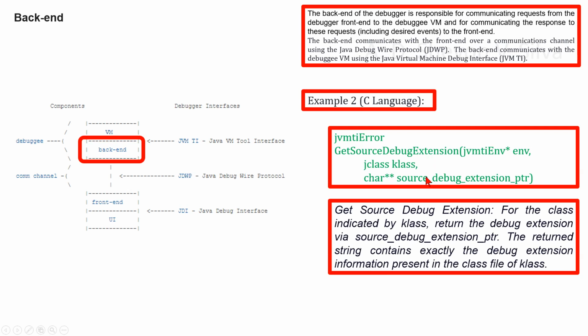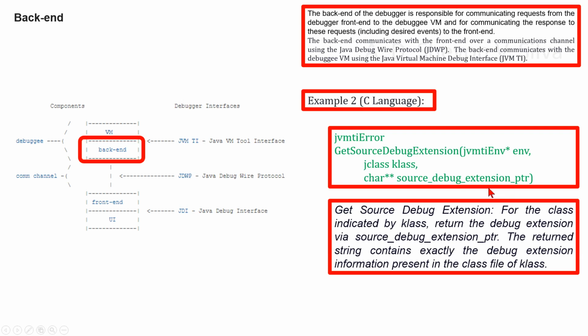As example 2, we can consider this code, this one in C language. GetSourceDebugExtension, for the class indicated by klass, returns the debug extension via source_debug_extension_ptr.